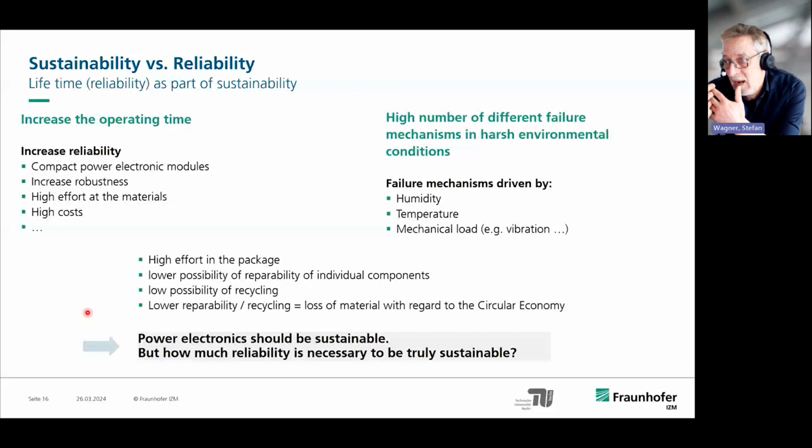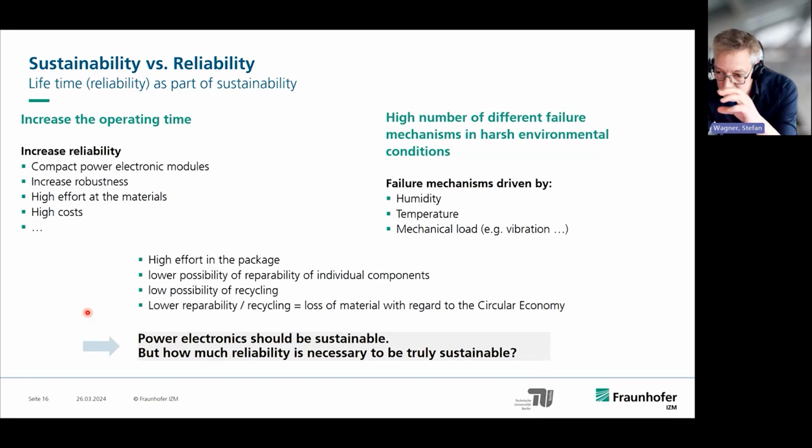You have a high number of different failure mechanisms in harsh environmental conditions. For offshore wind turbines, there is a harsh environment, and you have a high humidity load, temperature and mechanical loads, and mostly the humidity loads.